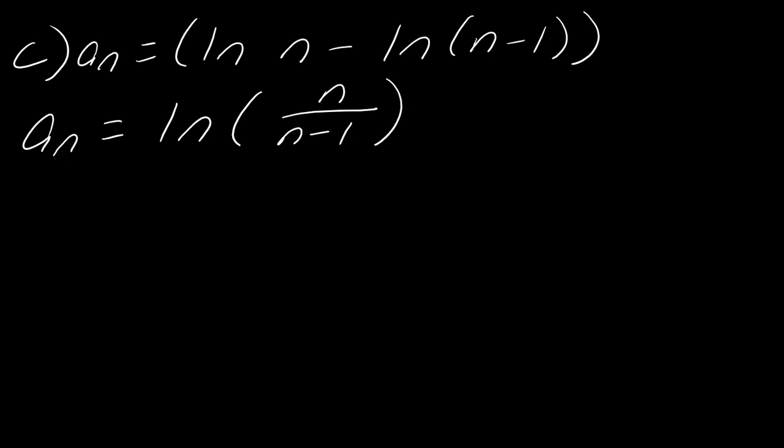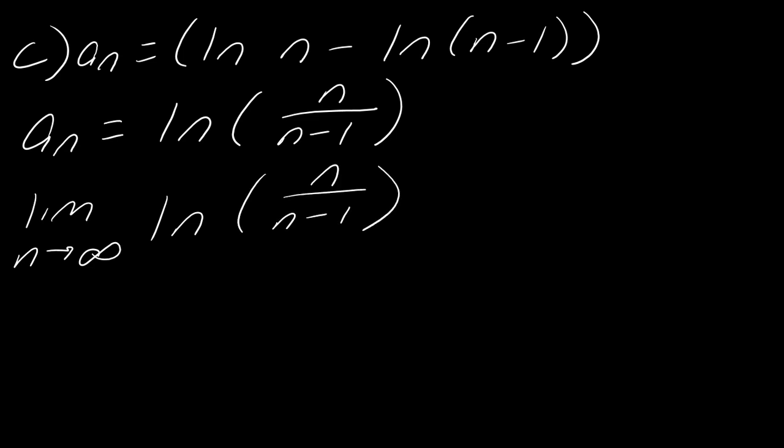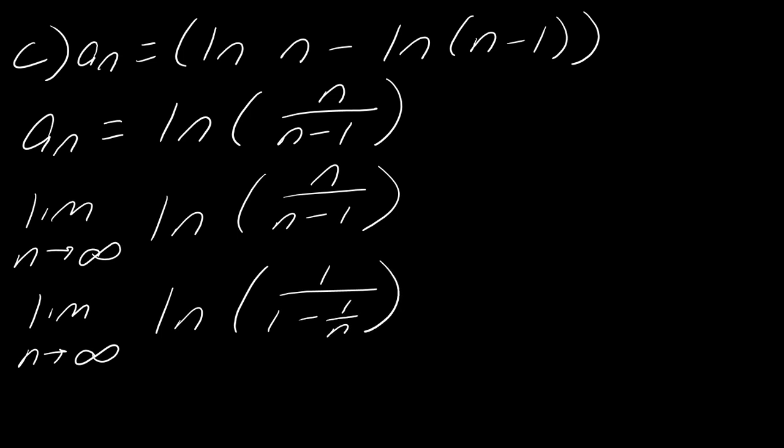Now when I want to take the limit as n approaches infinity of this whole thing, I know that I really just need to focus on what's happening on the inside. I'm allowed to simplify the inside. I'm just going to divide everything here by n so that I simplify the inside like this.